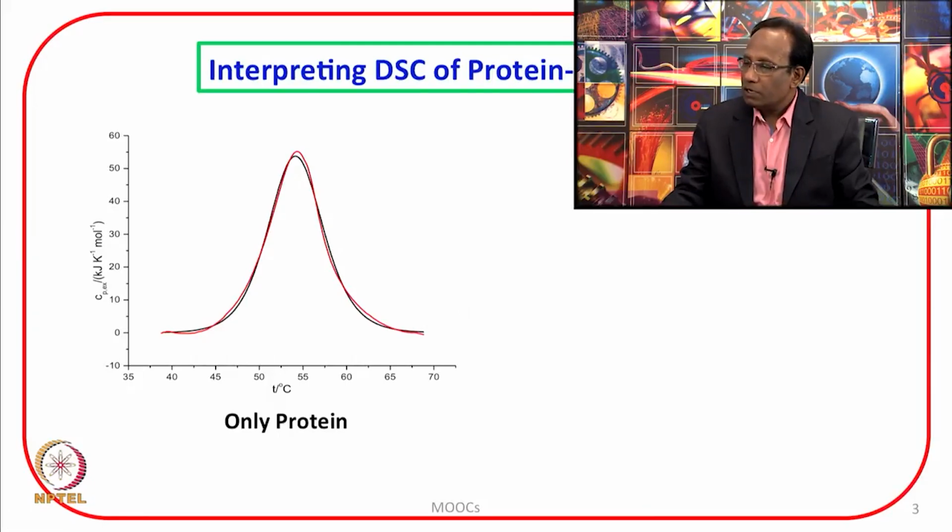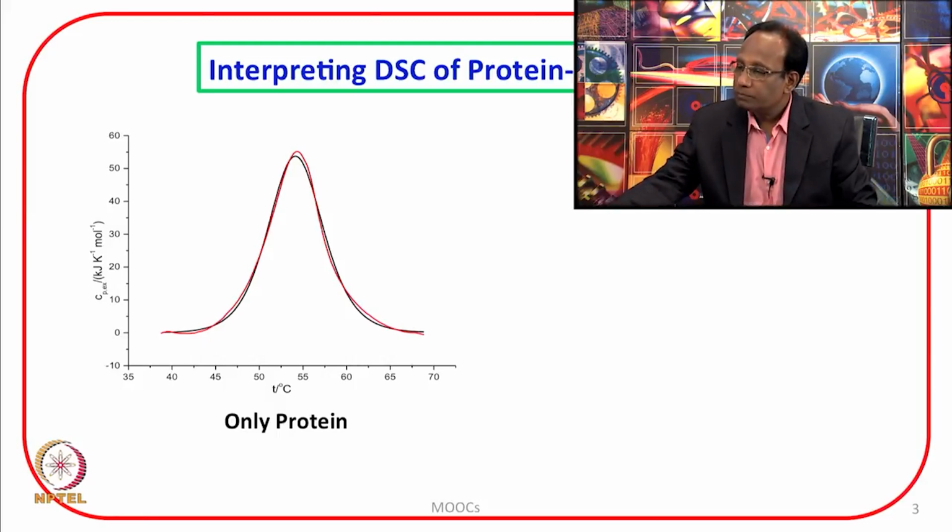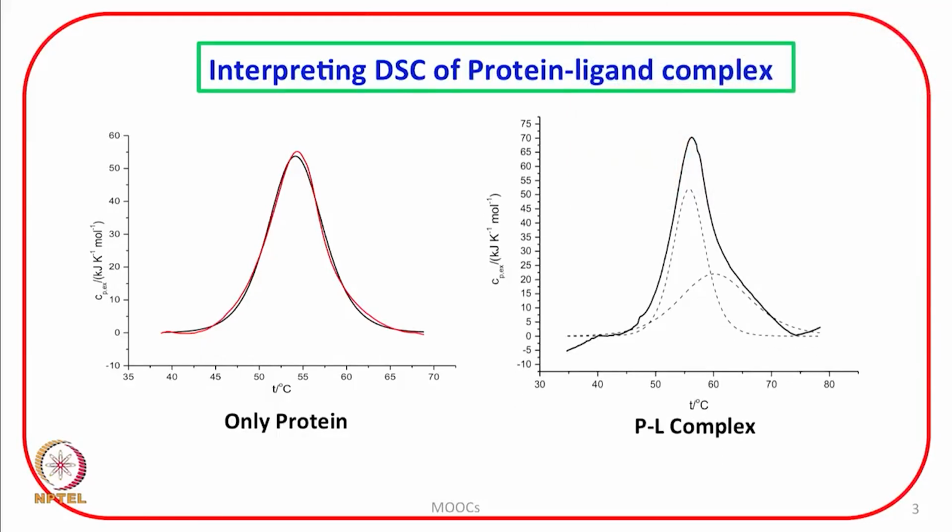Now, let us take a look at the next figure. It is possible that sometimes we may get this kind of DSC profile for a protein ligand complex. In the previous slide, I showed only one endotherm for a PL complex, but here I am taking another example where PL complex may show this kind of endotherm.